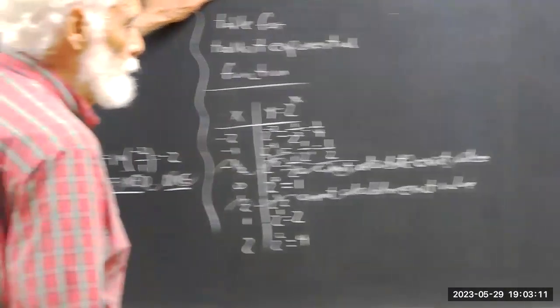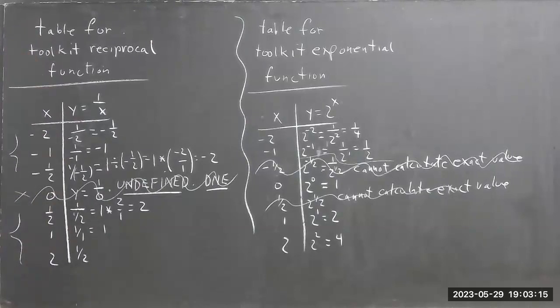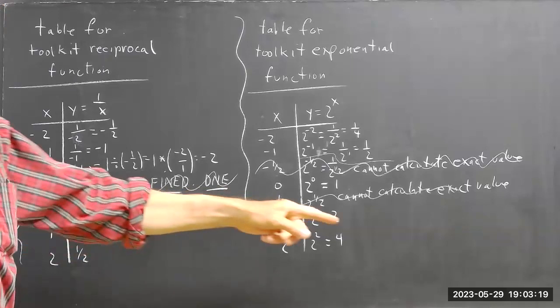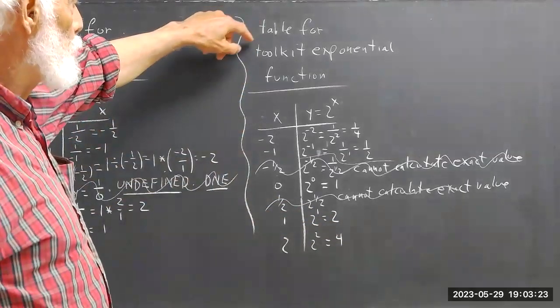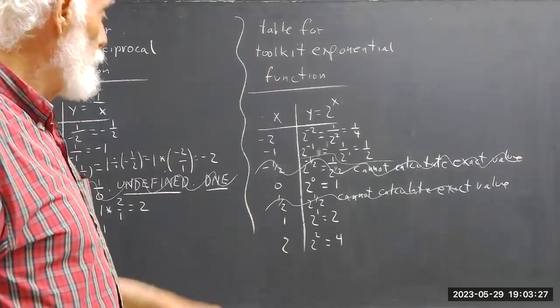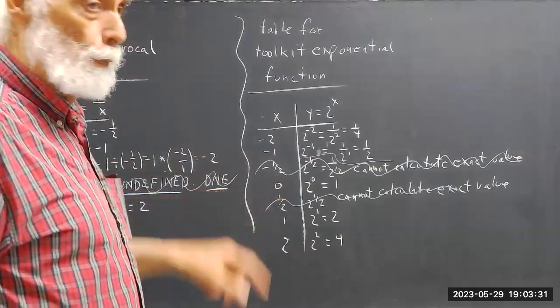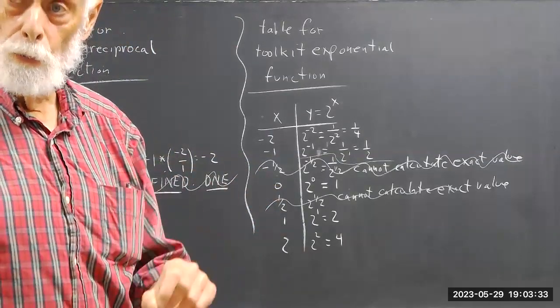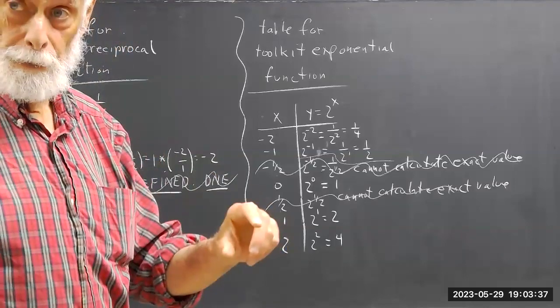Now we have tables for both the toolkit reciprocal function, where we have to exclude 0 because it just doesn't exist, and our toolkit exponential functions, where among the standard values, we don't include -1/2 or 1/2, not because they don't exist. They exist. We just can't calculate them.